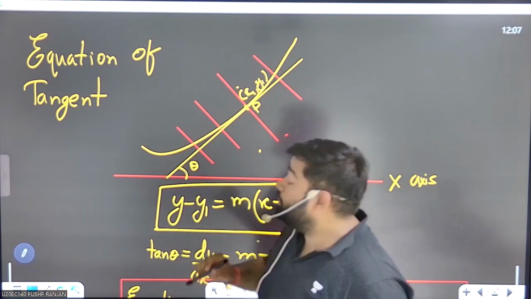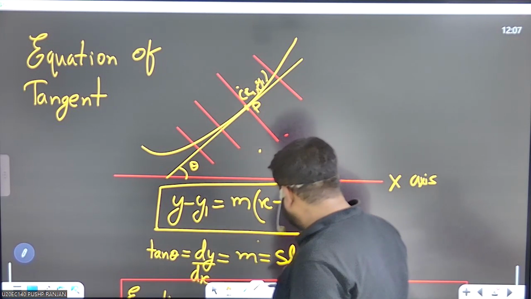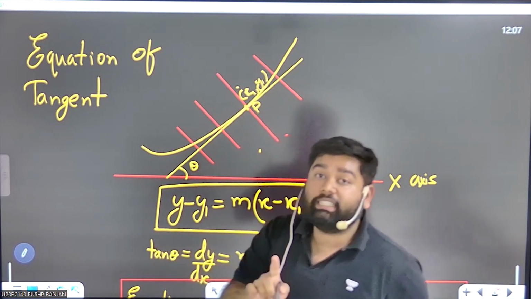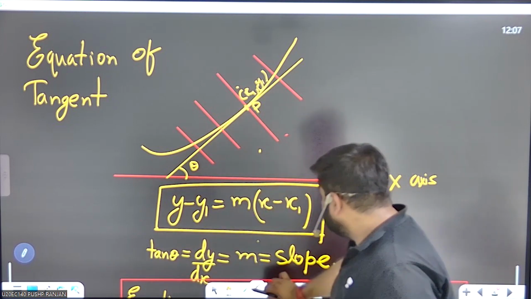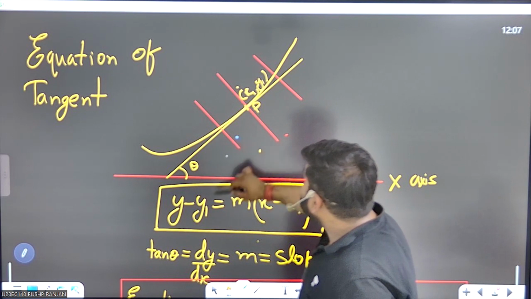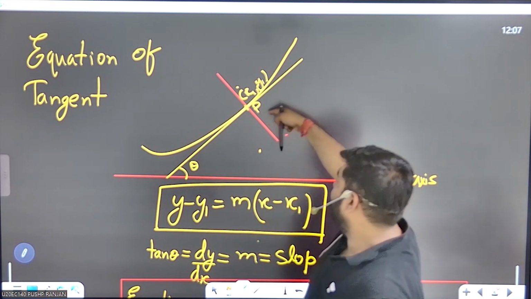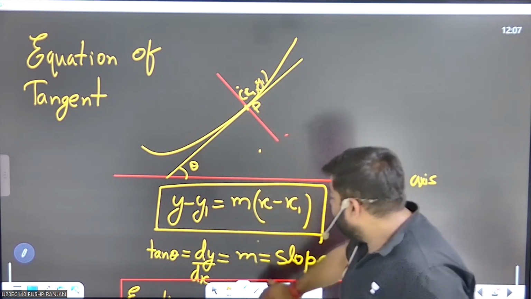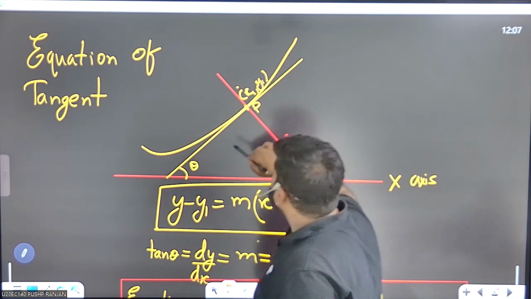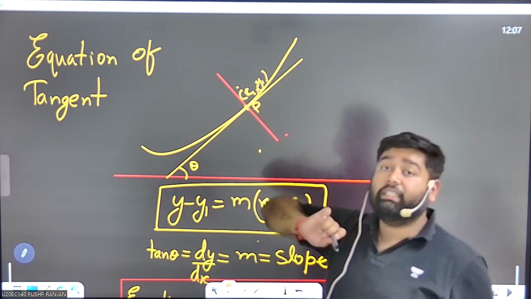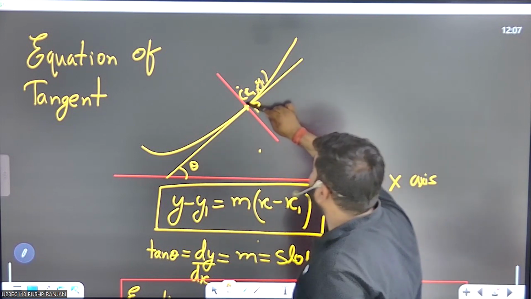Then the definition of normal is the line which is perpendicular to the tangent at a point of contact. Then this is not a normal. This line is also not the normal. This line is also not the normal. Only this line is the normal because it is perpendicular to the tangent at the point of contact.